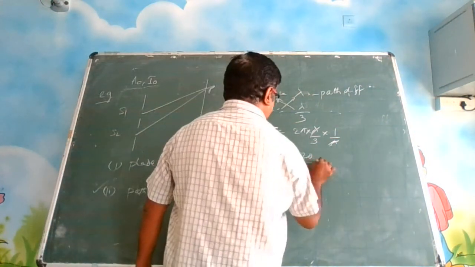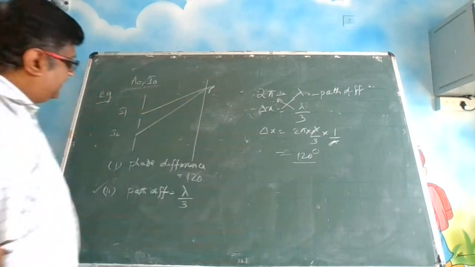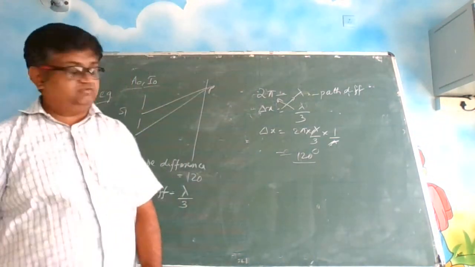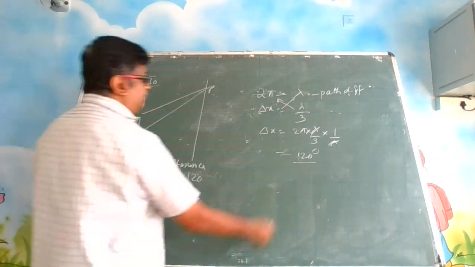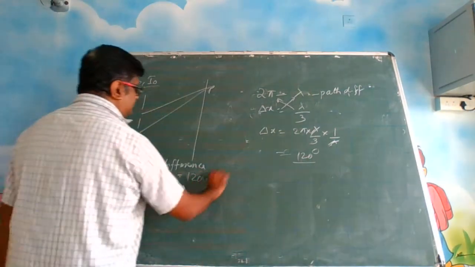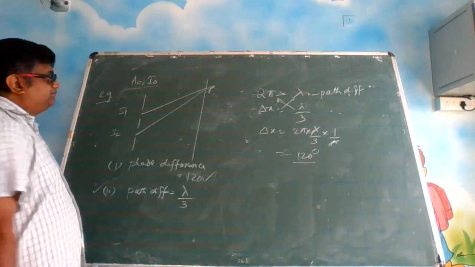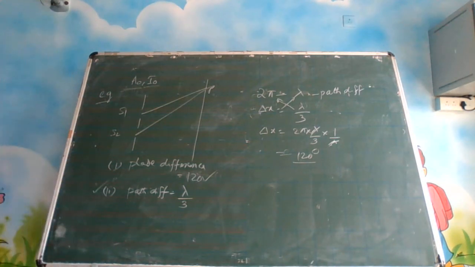So now we have converted this path difference into an equivalent phase difference. Once you have obtained this value of 120, it is just as good as the previous question. So this is how this question has to be attempted.